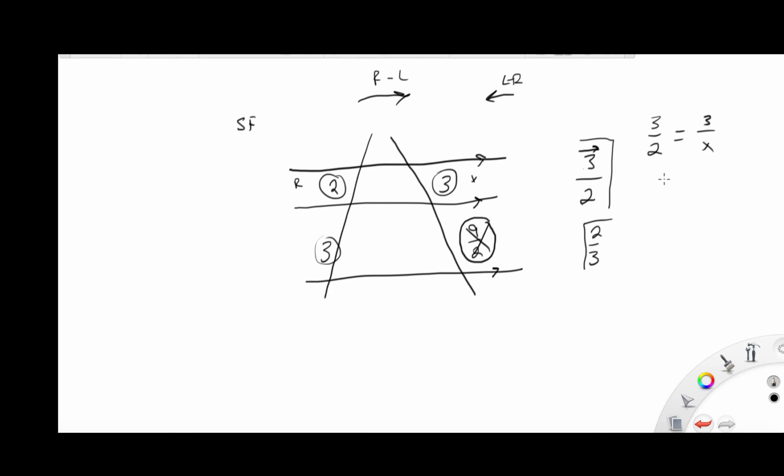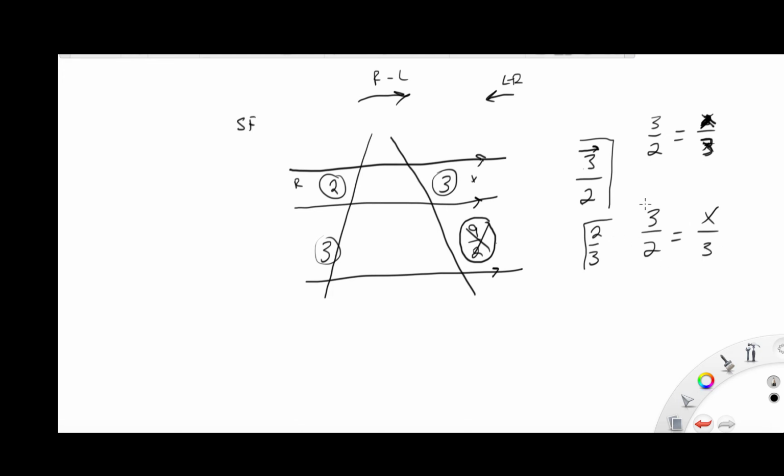In other words, 2 to we don't know, and this is 3, I'm sorry. And the reason we do that is because we're going left to right. So 3 to 2 is equal to we don't know over 3.